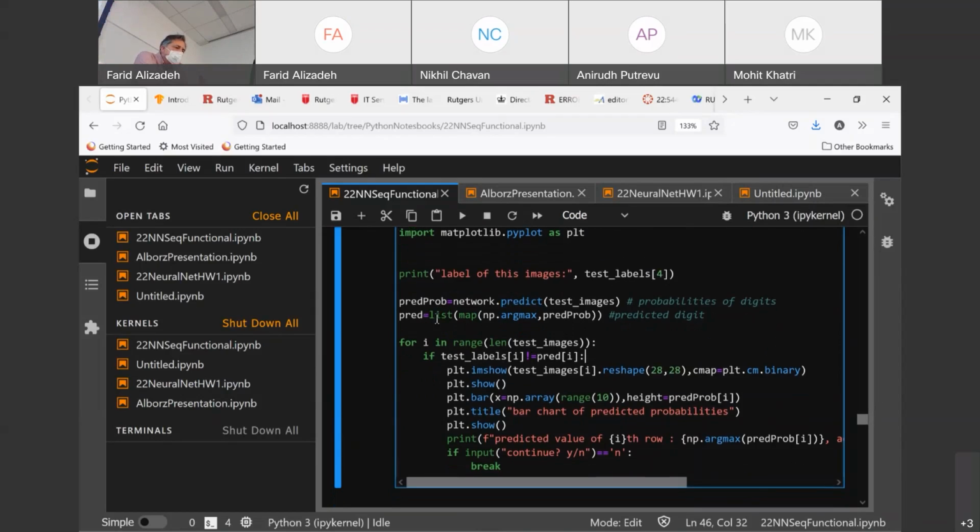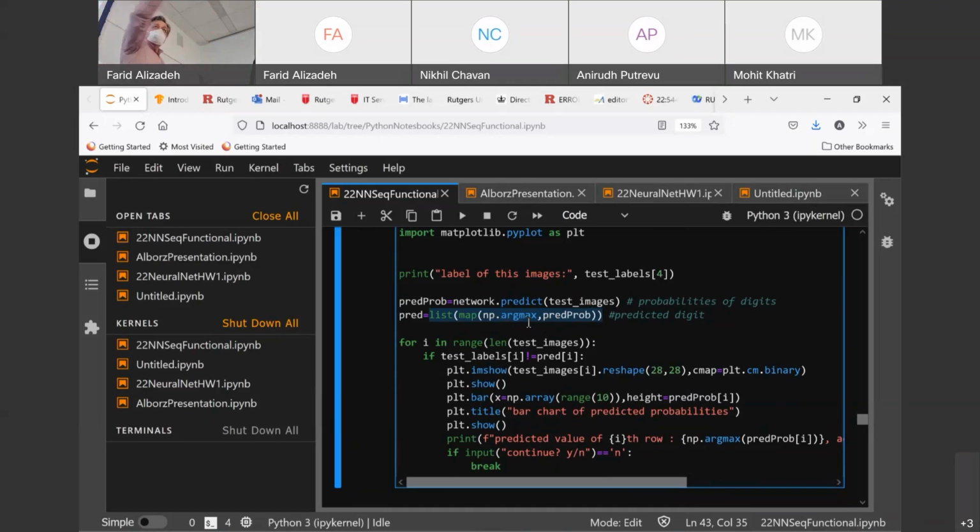So here I define, here I map. So you can see, I wrote my own predict class. This predict prob gets the test images, and for each one, the output is a 10-dimensional vector of probabilities. Okay, I take that and apply the argmax function.